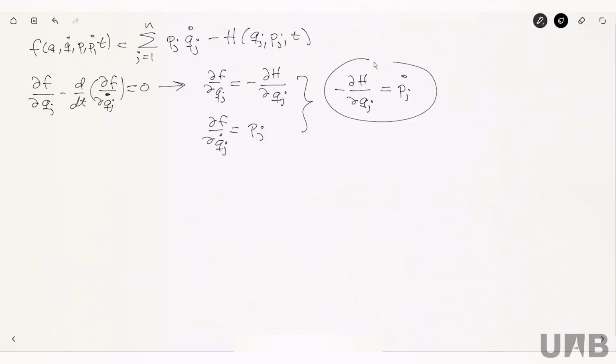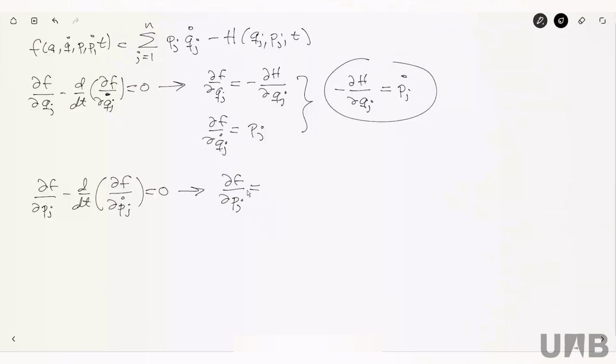Good. So now let us do the same thing for the p's. That's partial of f with respect to pj minus d dt partial of f with respect to p dot j equals 0. All right, so who is partial of f with respect to pj?